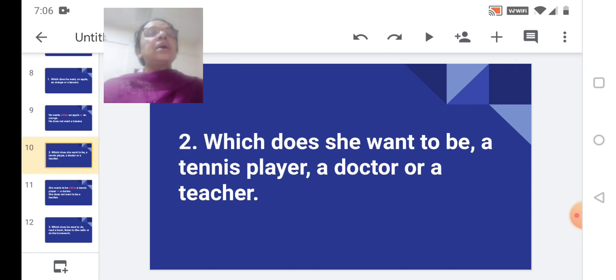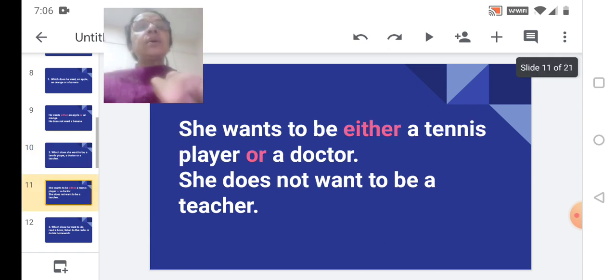Okay. Second one, which does she want to be? A tennis player, a doctor, or a teacher? Here these are people. These are professions. A sports person, a doctor, a teacher. So we can choose.